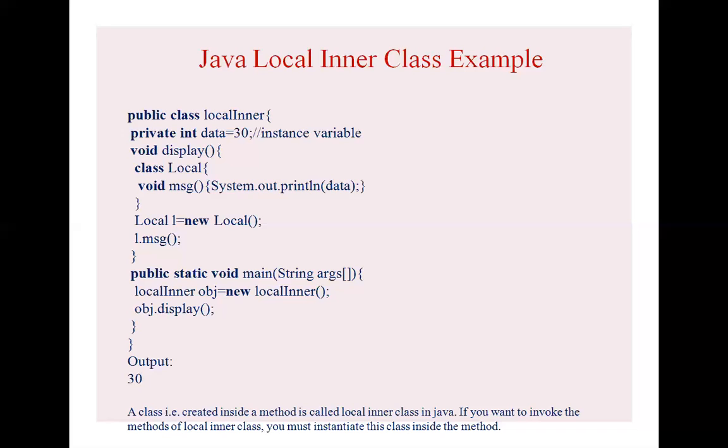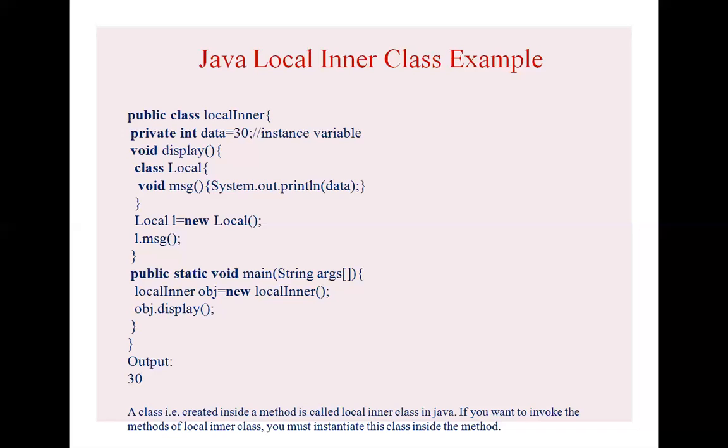Then we invoke the method of the local inner class by instantiating the class inside this method. So using this syntax Local l = new Local(), we create an object of this local class, and using this local class object, we call the msg method: l.msg().